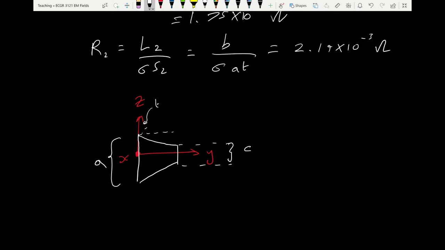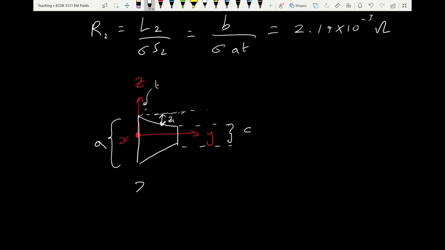So let me draw this line, right? And let me now try to calculate some number called Z1. What is Z1? Z1 is the difference between this dotted line and the edge of the trapezoid. How do I calculate that? I use trigonometry, right?